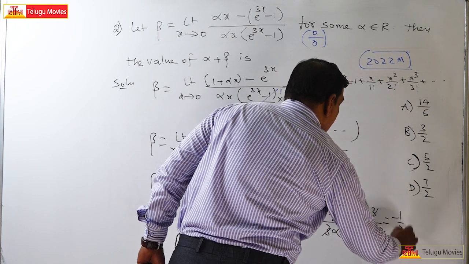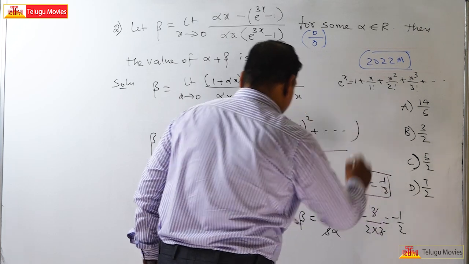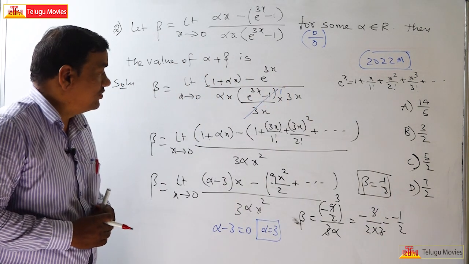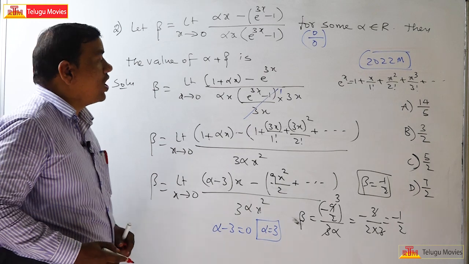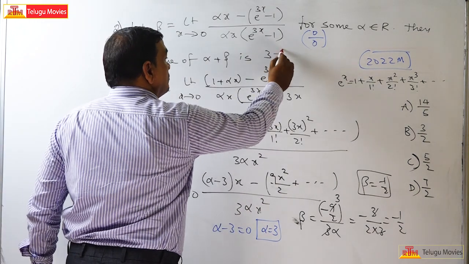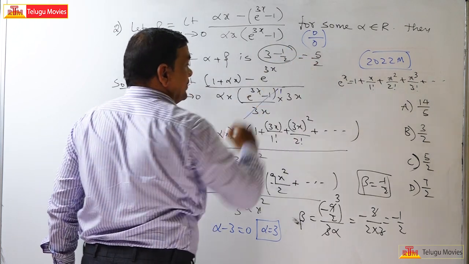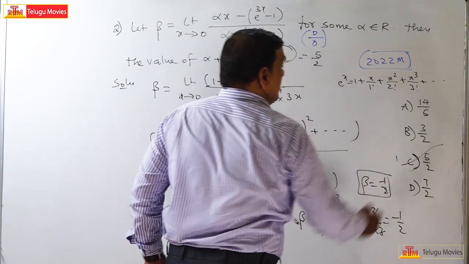So the 3 also cancels, giving minus 1 by 2. Therefore, beta value is minus 1 by 2, and alpha value is 3. Now we are asked to find alpha plus beta. Alpha is 3, beta is minus 1 by 2. So 2 3s are 6, 6 minus 1, 5 by 2. So option C is the correct answer.